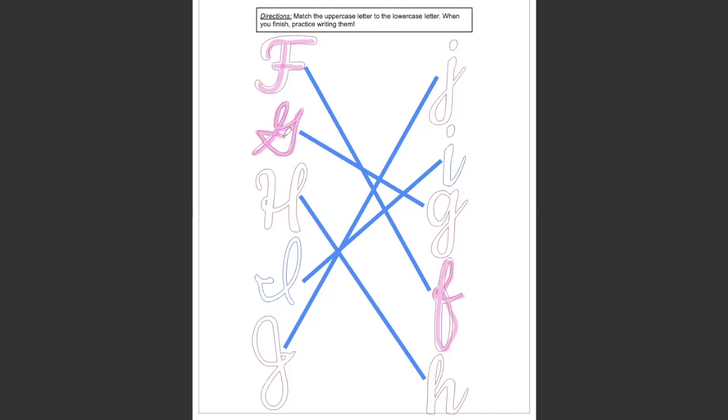This is a very challenging letter. Maybe trace it 2 or 3 times. When you finish tracing it, let's see if you can find the lowercase g and trace it too.